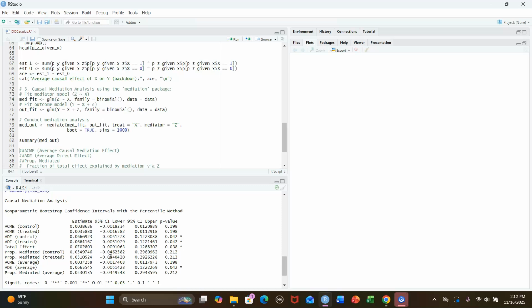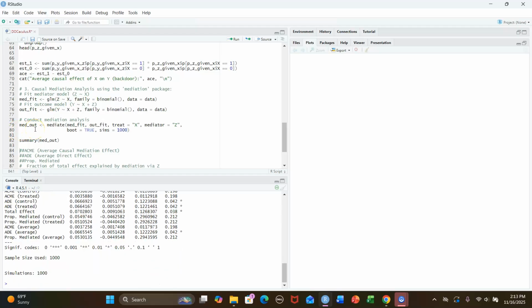Okay, but the mediated effect, the ACME, is not significant for both groups. So from this mediation analysis, we can conclude there's no mediational effects.